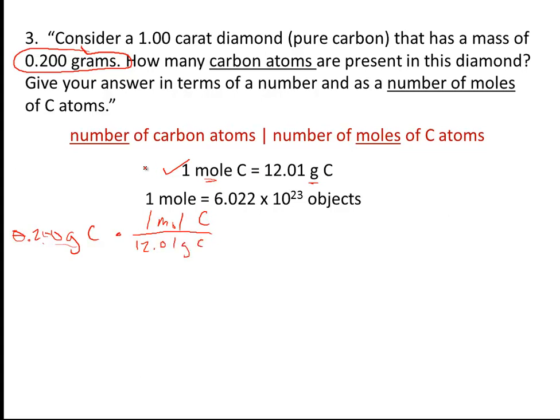You see how I use this first equivalence to construct my conversion factor. When you do that, let's see what we get. Take your calculator and take 0.200 grams and divide it by 12.01. You will get 0.1. Oh, sorry, my bad.